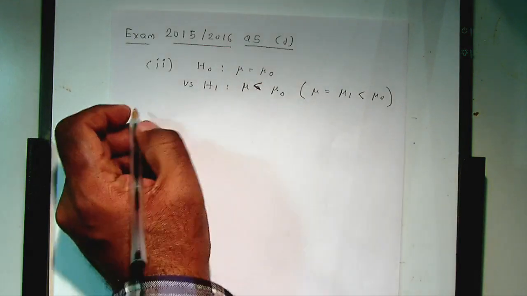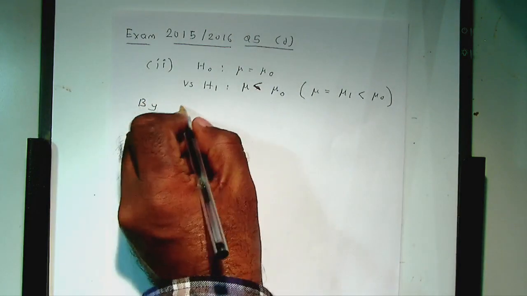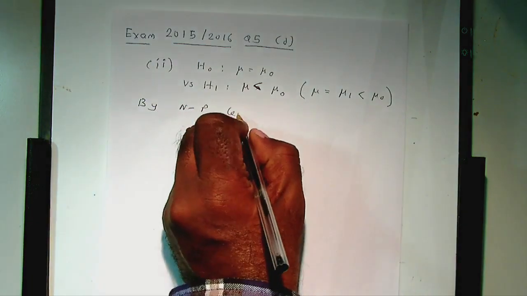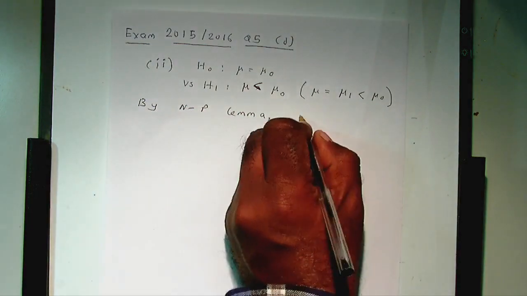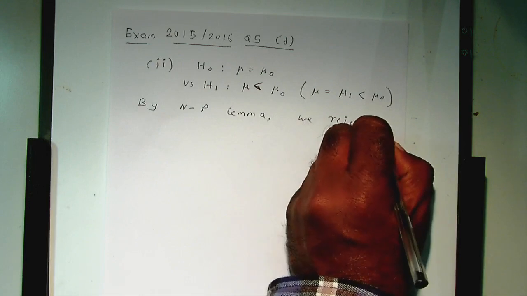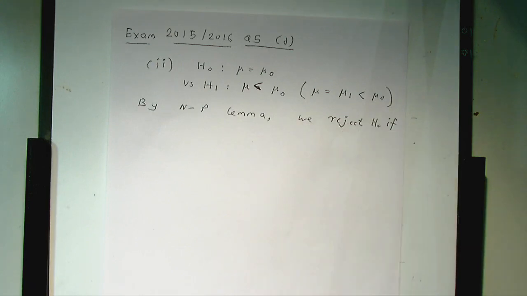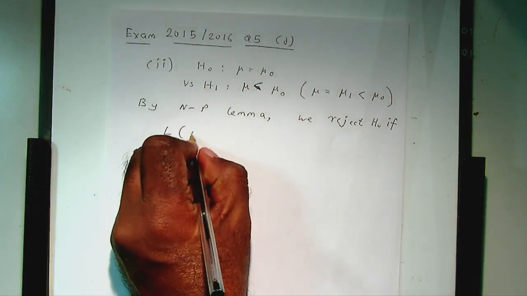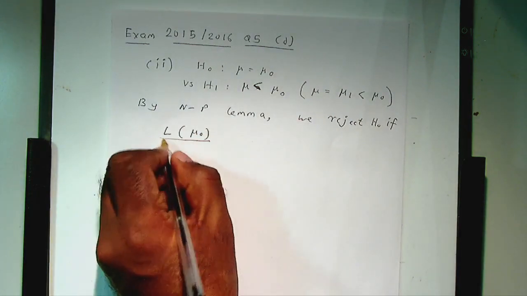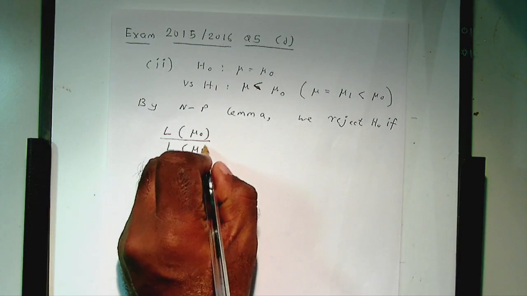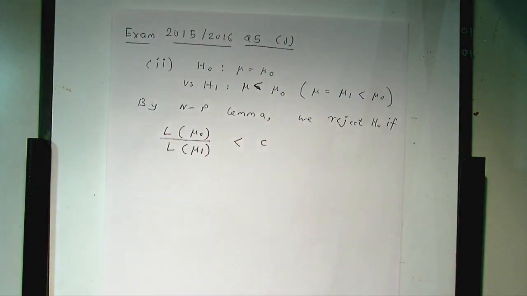So then you can say that by the Neyman-Pearson lemma, we reject the null hypothesis if the ratio of the likelihoods is less than a constant C, right?